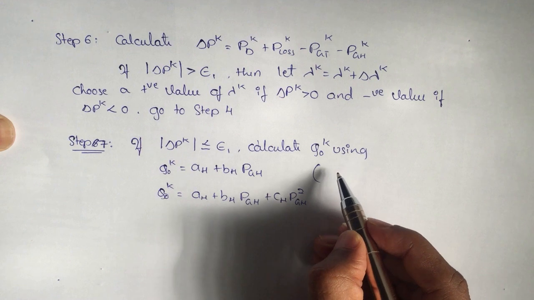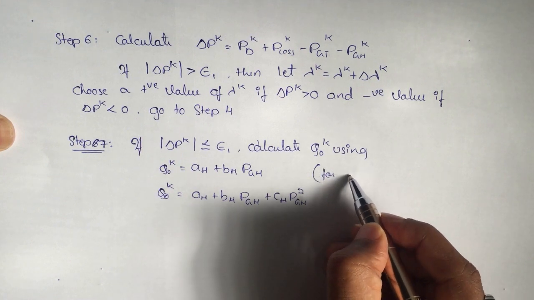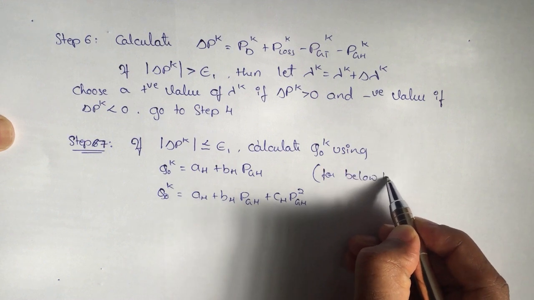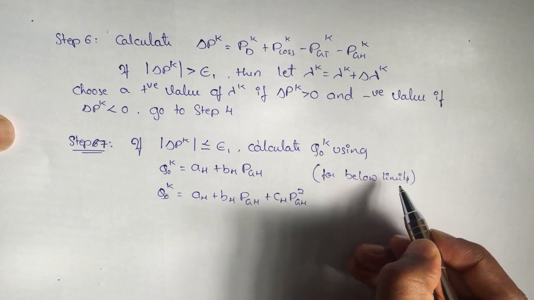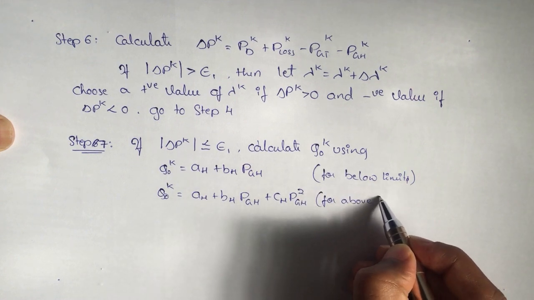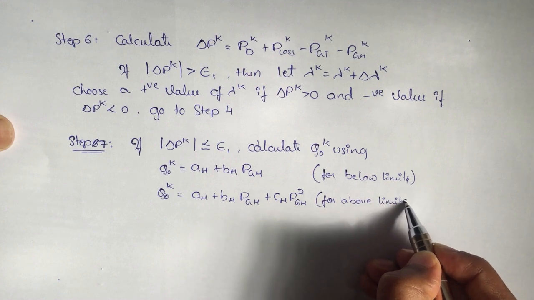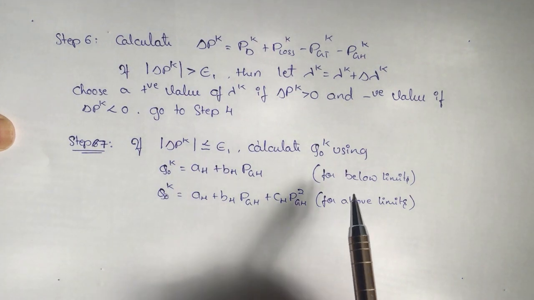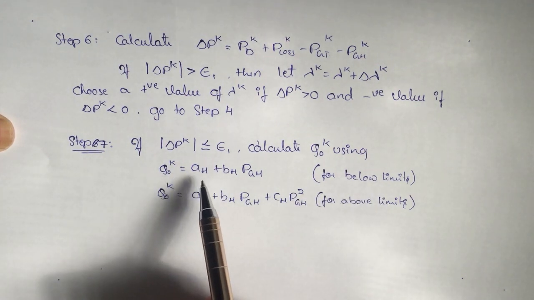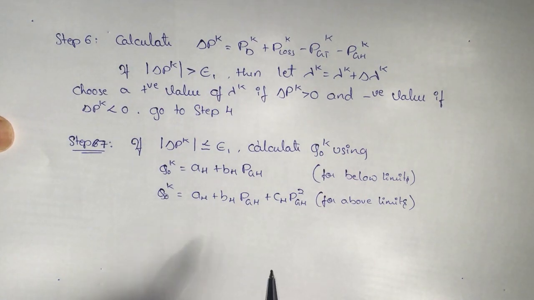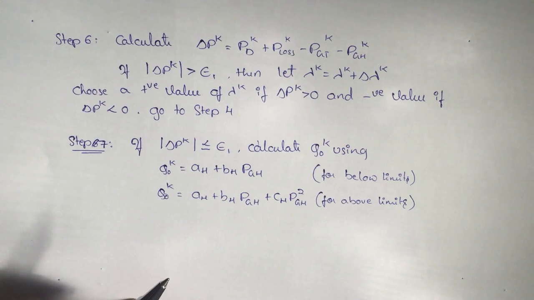This Q naught is for below limits. This is for above limits. We have set the value of Q naught. If the value of Q naught is below the prescribed value, we are going to choose this equation. If it is above the prescribed value, we are going to choose this equation. Okay, this is our step 7.